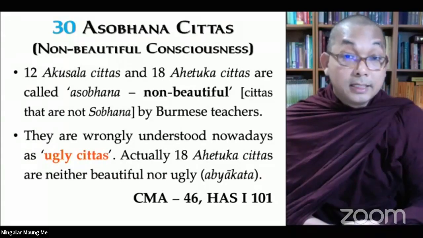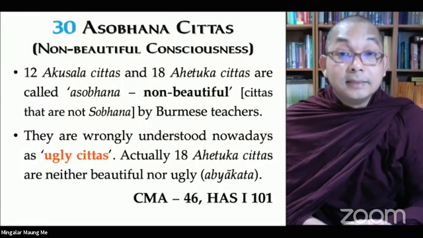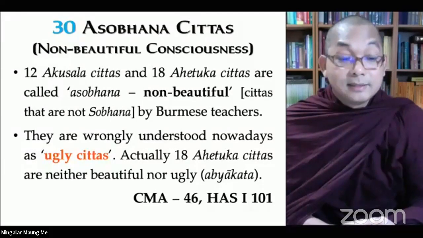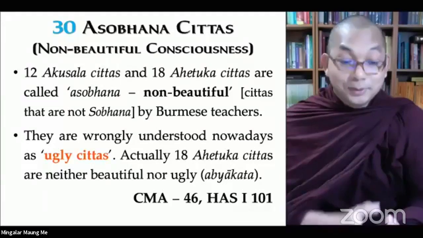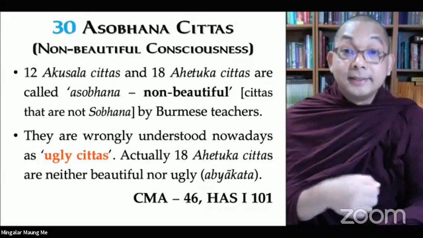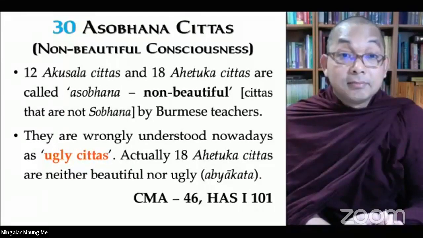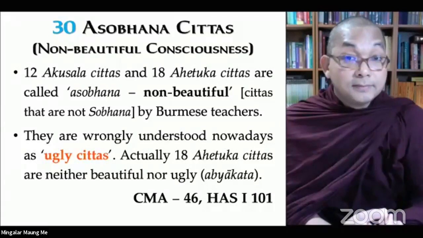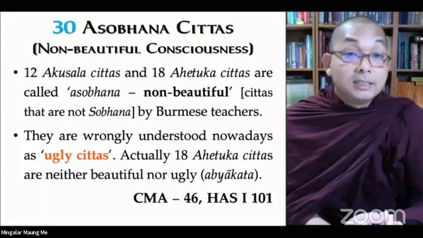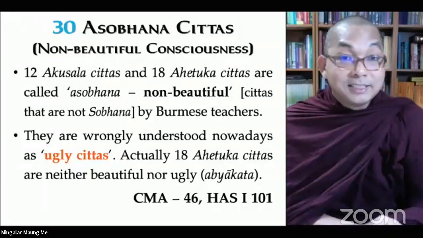So they are not ugly, but they are not Sobhana Chetas. But in the exam, when they ask you to mention ugly Chetas in Abhidhamma, you have to mention 30 Asobhana Chetas, right?